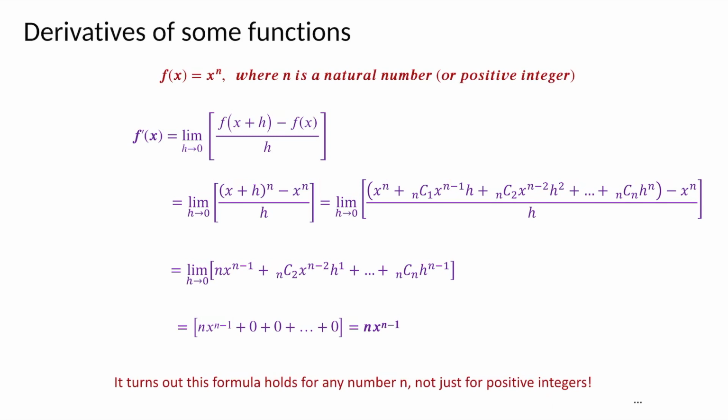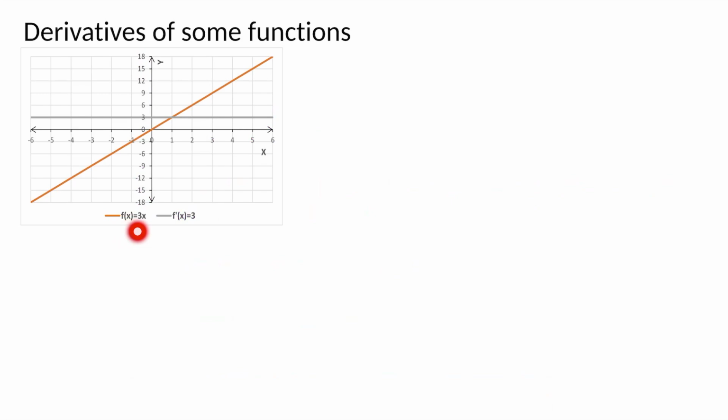Let's look at some examples. So here f(x) is equal to 3x, a constant times a function, and the derivative of that would be that constant times the derivative of that function. So this is 3 times the derivative of x, and we know that the derivative of x would be 1. Why? Because it is n times x^(n-1), which means 1 times x^(1-1).